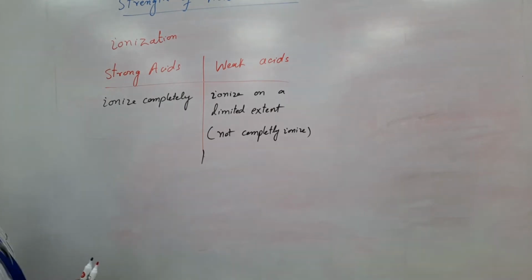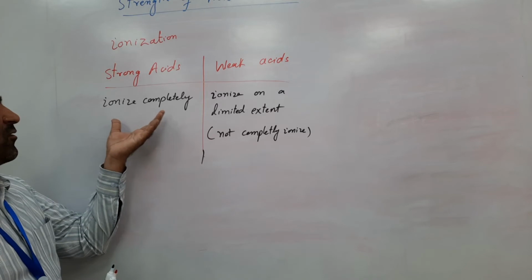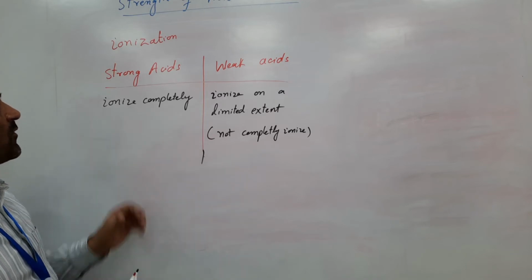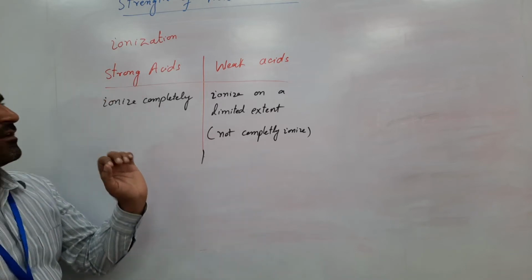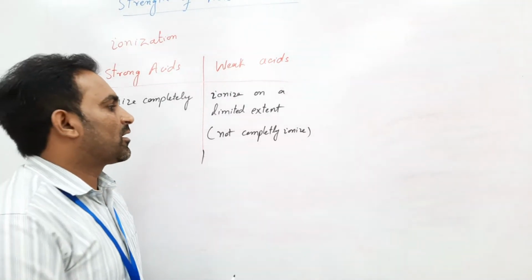Those acids which will ionize completely, or which can be ionized completely, we call them strong acids, whereas weak acids will not be ionized completely.